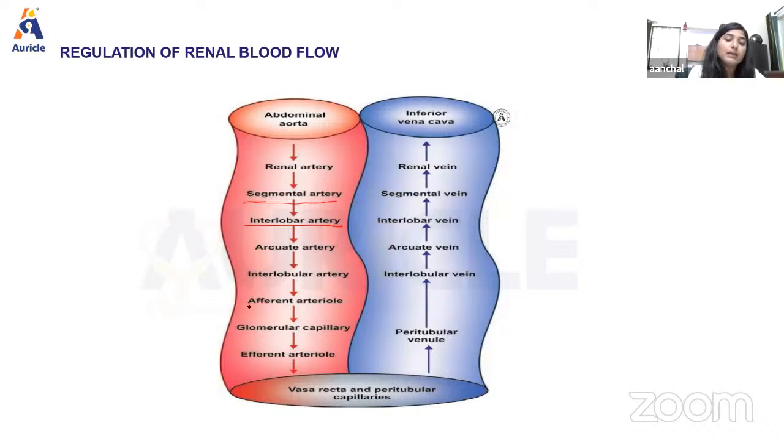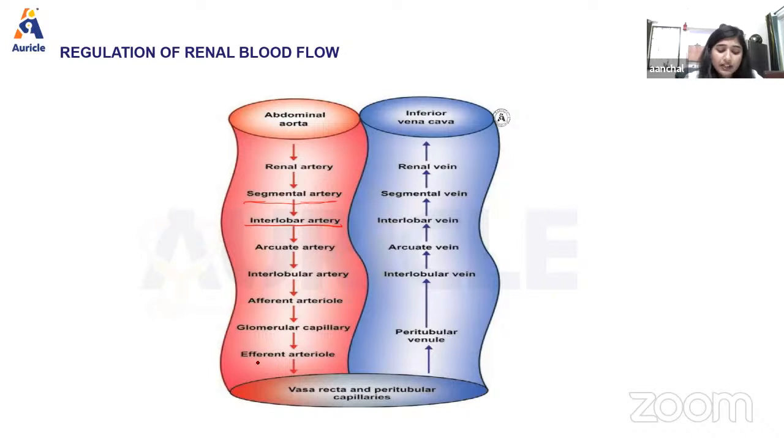So there will be supply of blood from afferent arteriole to glomerular capillaries, as we have seen in the diagram of nephron. Or if you have not seen, you can watch my last lecture. And from glomerular capillary, there will be formation of the loop-like structure, which unites to form the efferent arteriole, right? Now, from efferent arteriole, what will happen?